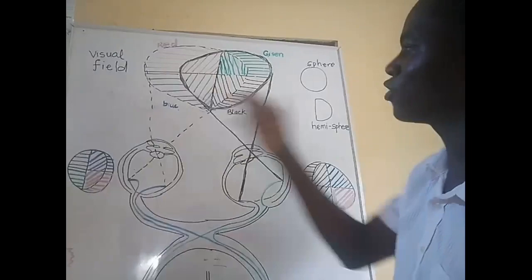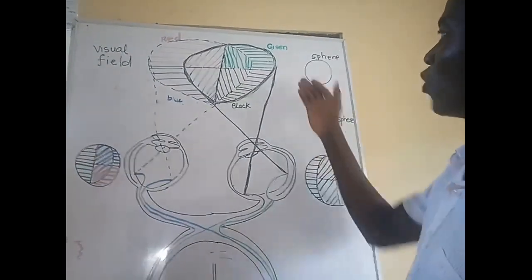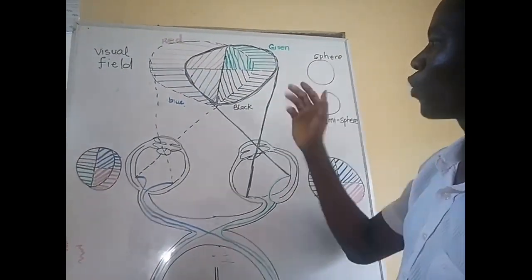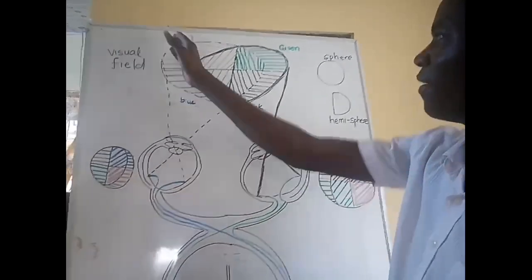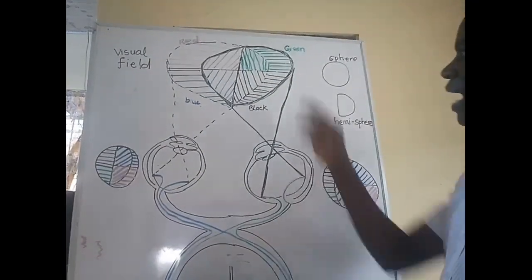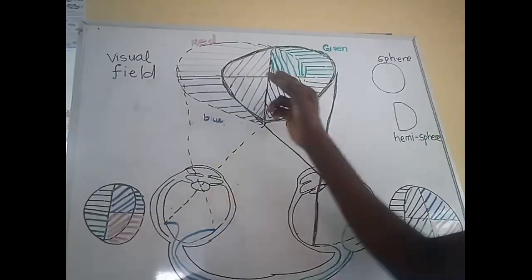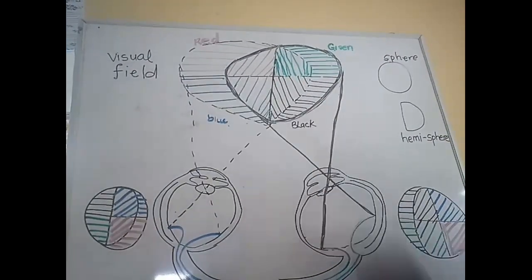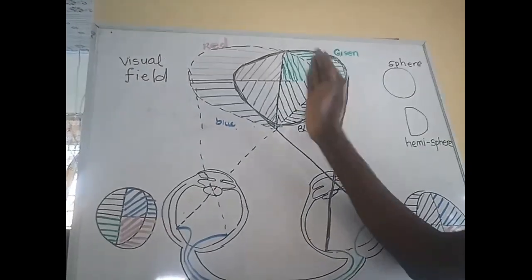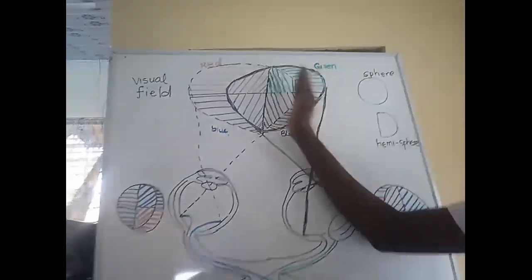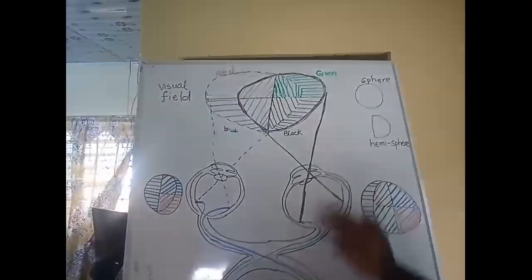Now remember, the fields are also divided into quadrants. So we have a green quadrant, we have a blue quadrant, a red quadrant, and then a black quadrant. As you can see here, the black quadrant, the green quadrant, the red quadrant, and then the blue quadrant. As much as the visual field is divided into a hemisphere, it is also divided into quadrants.